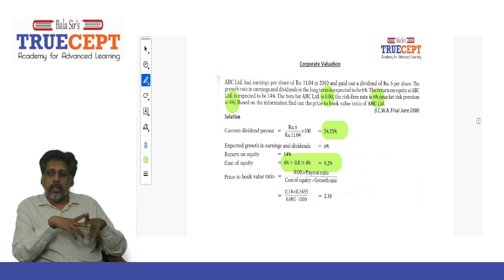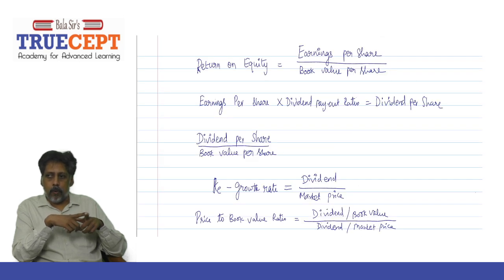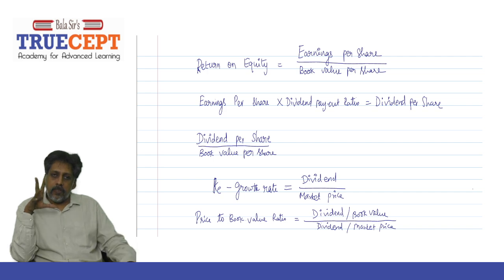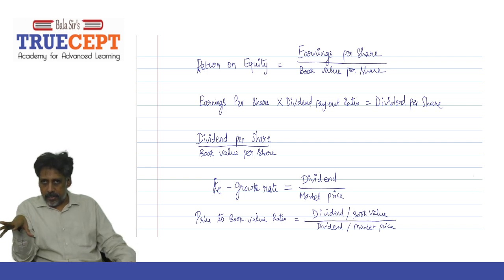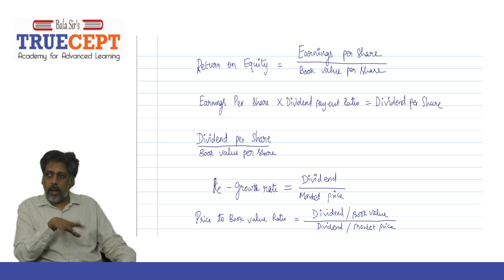Now, how to find the price to book value ratio? There is a formula available out there. I want people to first jot down this formula. Just trust me. I will explain this later. First, you got to write down this formula in your notebook. What is the formula?